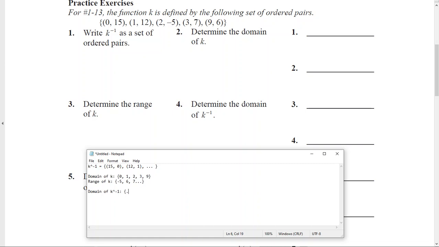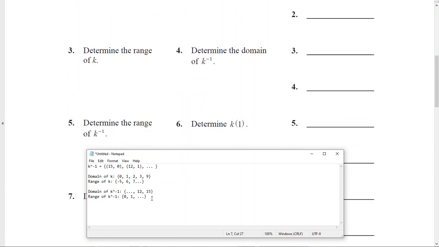So there would be a few of them, and then you'd have your 12 and your 15 and so on, so that you had all the inputs for the inverse function. Same thing for the range of k inverse. You're going to finish your k inverse function and you list your range values as the outputs of that function, which appear to be 0, and 1, and so on, filling out the range of that function.